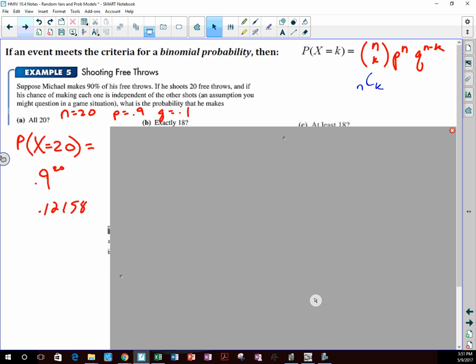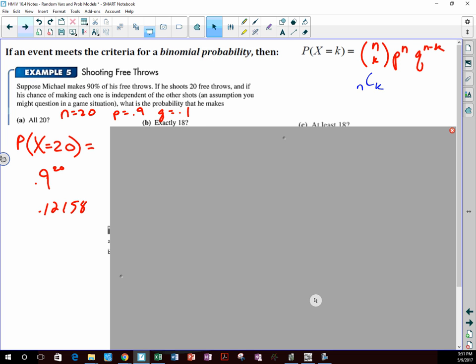We don't really need to use the formula for that, because it would be 20 choose 20, which is just 1, and then 0.9 to the 20th, and then q to the 0, because he's not going to fail at all. Well, q to the 0 is just 1, so it's just 0.9 to the 20th.